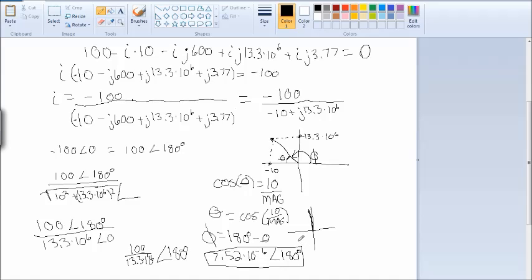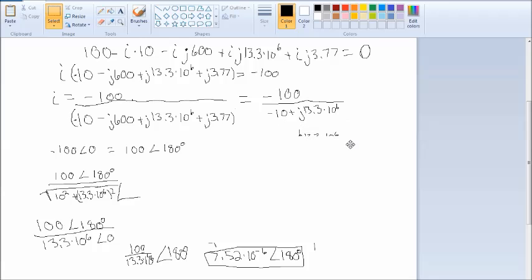So now, to just put this in a time-dependent function, let me clear some of this space off here. Our answer for I of t will be 7.52 times 10 to the negative 6 cosine, and then we just look at our original function.